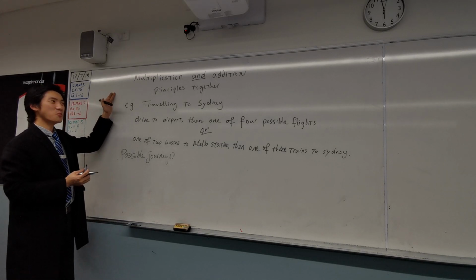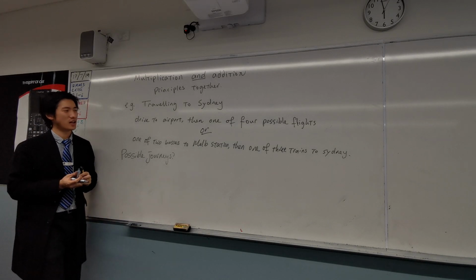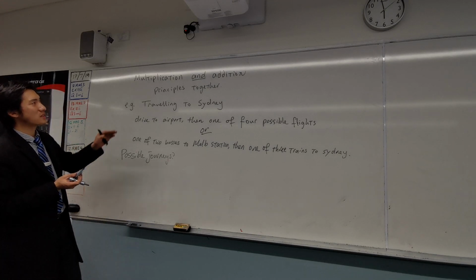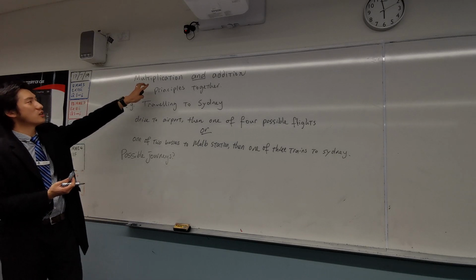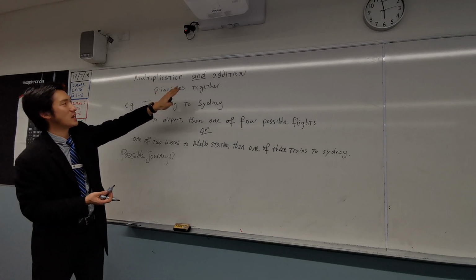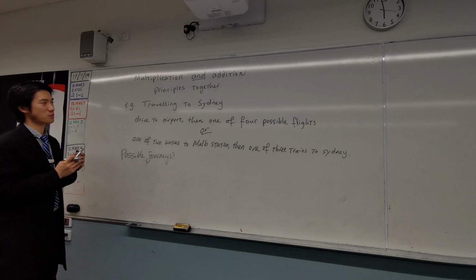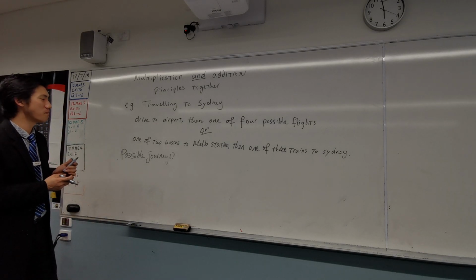Okay, I'm going to sneak in one more example that's not in your digital notes. And I think this example is important because it demonstrates that in some questions, you're actually using the multiplication and addition principles together. Let's use this example. So let's say you're traveling to Sydney.